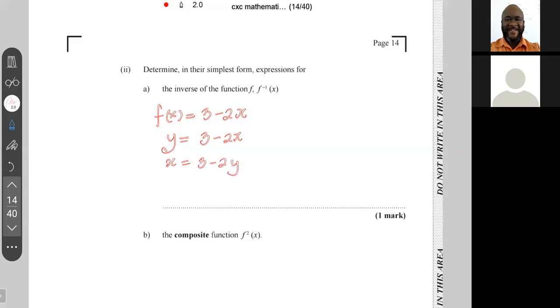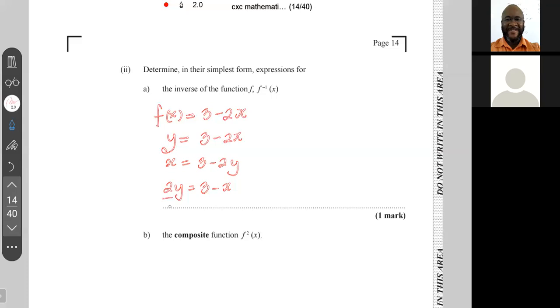Step 3 is to make y the subject again. That is, I need to get y by itself on one side. So I have 2y on the left is equal to 3 minus x. Positive 2y goes over to the left and becomes positive, and positive x on the left goes over to the right and becomes negative.